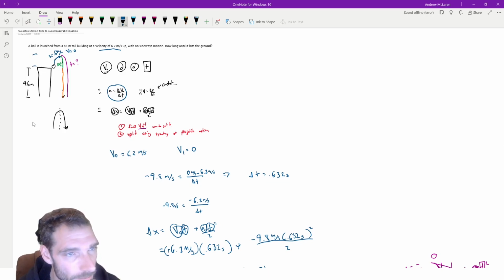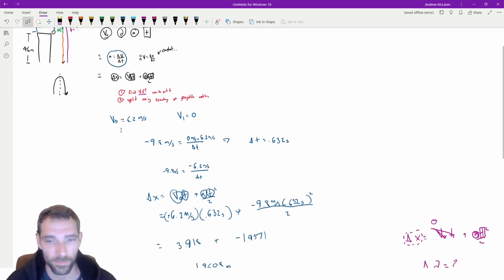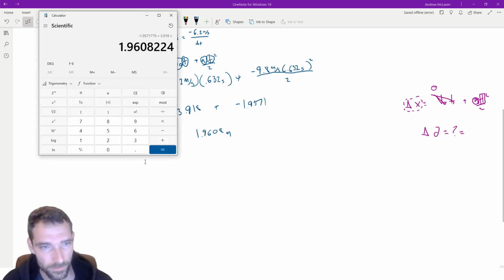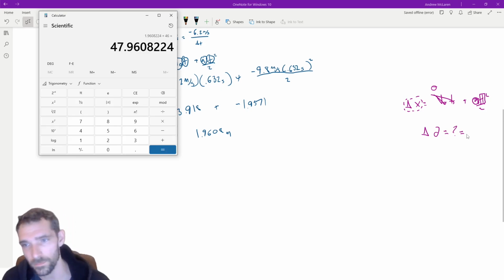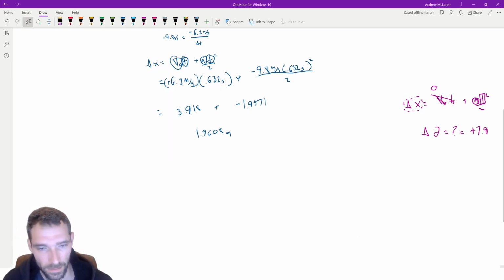So going up here, we have that 1.96 number. So our change in distance now is that 46 plus this other one. So we've got 47.9.